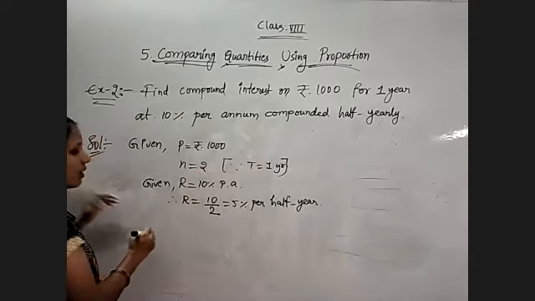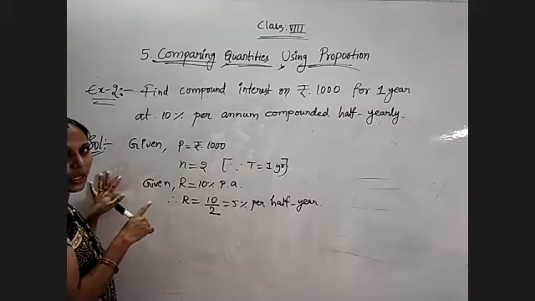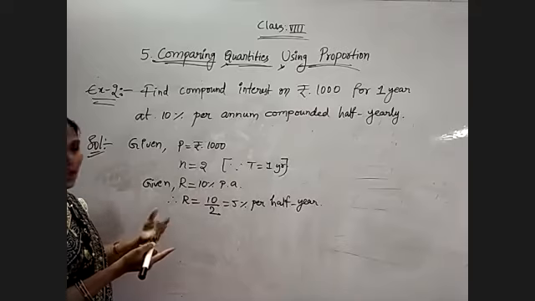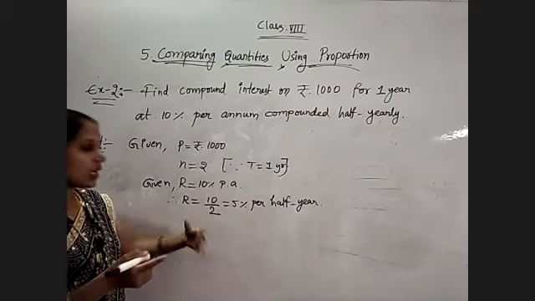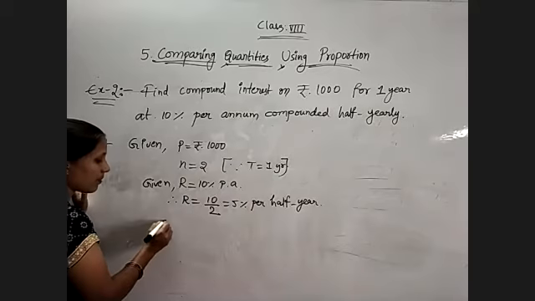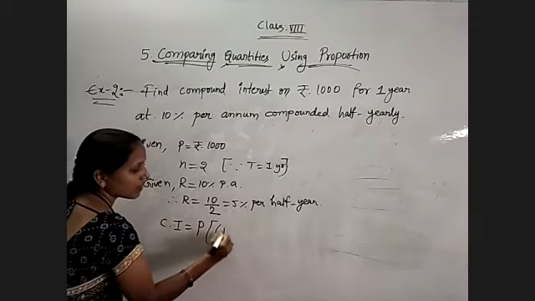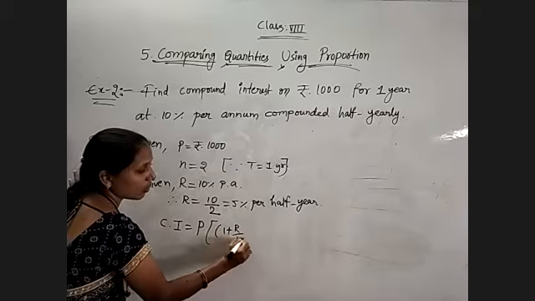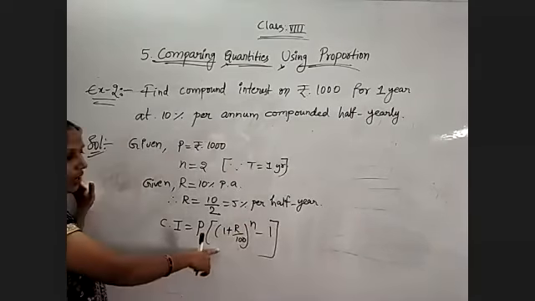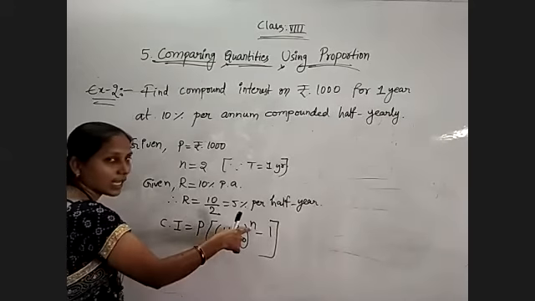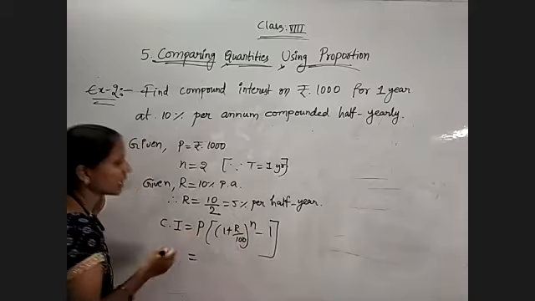Now we have the formula for amount as well as the compound interest formula, as I just told you. In the previous example I used the amount, then compound interest is amount minus principal. Now I am directly finding compound interest by using the formula P into 1 plus R by 100 whole to the power of n minus 1. Here we have every value of P, R and n. So now substitute all given values.